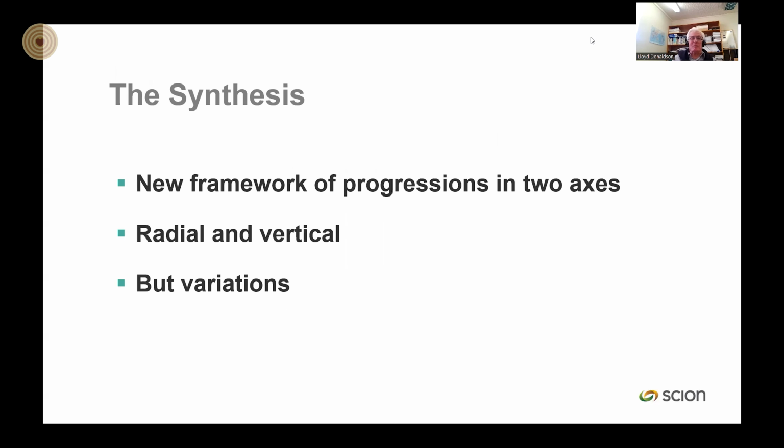Now, coming back to the synthesis, it's important to note that there are many variations about the basic schema. You have a high degree of variation among species in the magnitude and importance of within-tree variation in wood properties. And then you have, in the background, genetic differences within species.